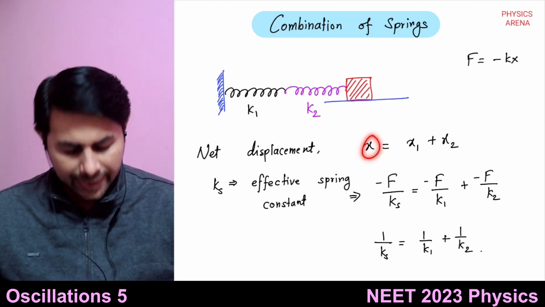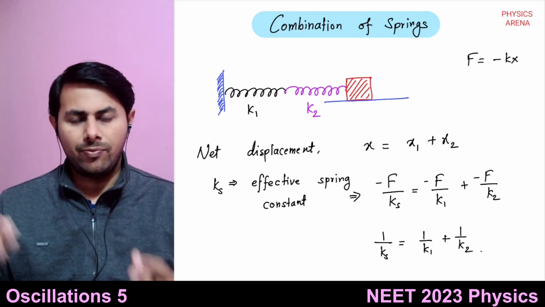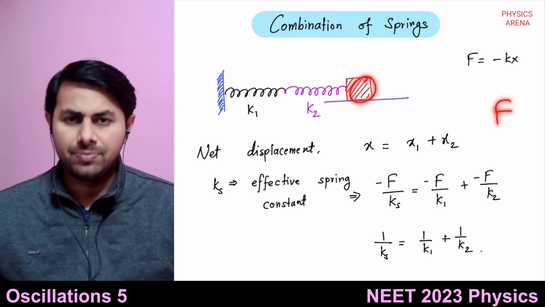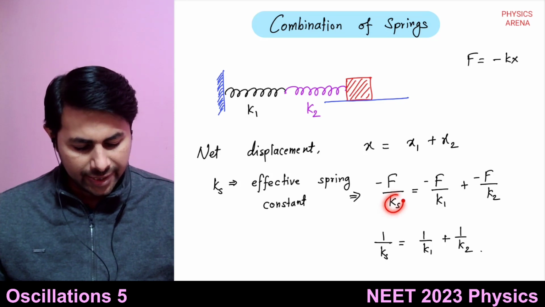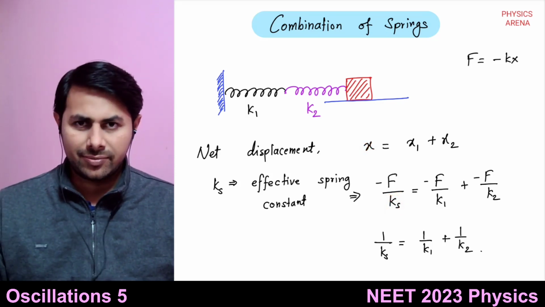So the net displacement is x, and the net force is suppose F. F can be written as ks multiplied by x, so x can be written as F upon ks.